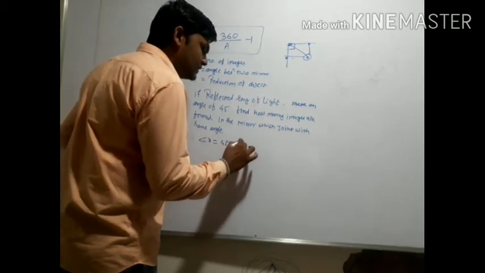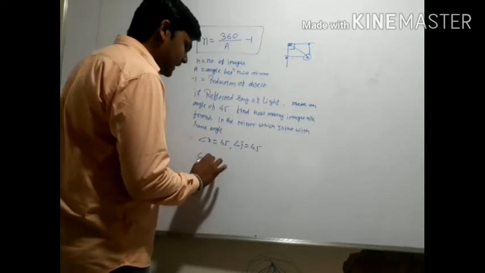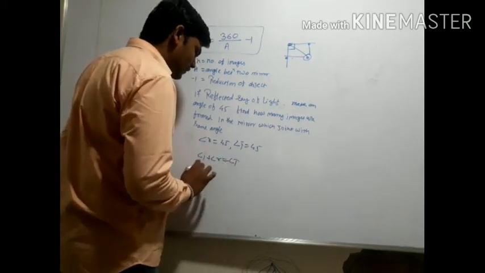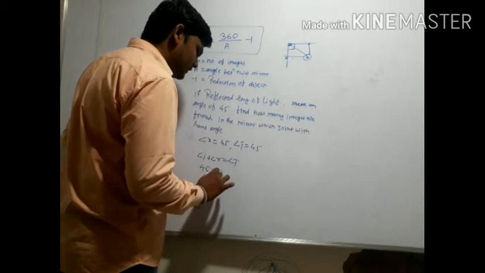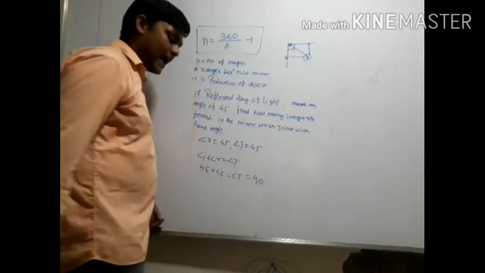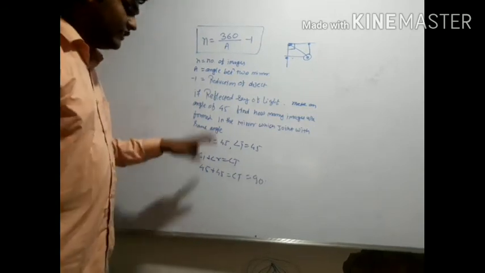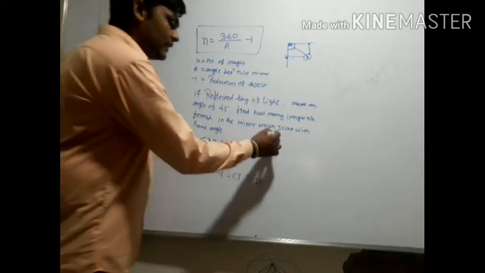So the angle of incidence is always equal to 45. Angle of incidence plus angle of reflection is equal to total angle. 45 plus 45 is equal to the total angle, that is 90. That 90 you got.